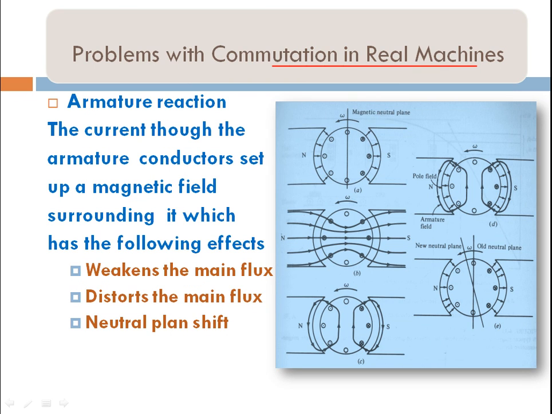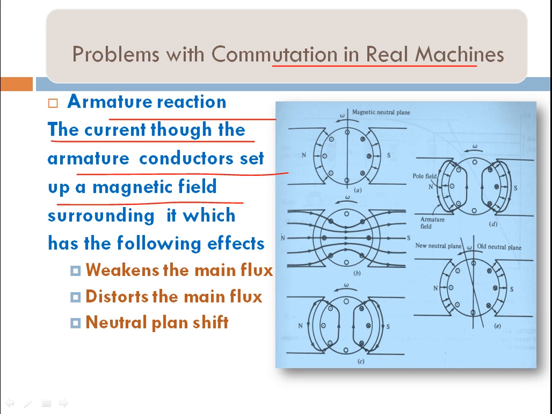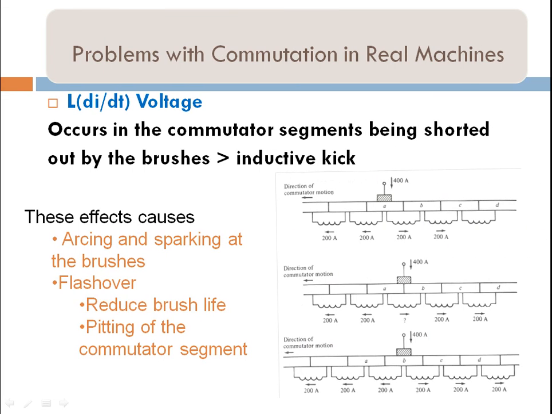Problems with the commutator in real machines. Armature reaction: the current through the armature conductor creates a magnetic field in the machine's surroundings, which has the following effects. One is weakening of the main flux, two is distortion of the main flux, and three is neutral plane shift. What are the problems?